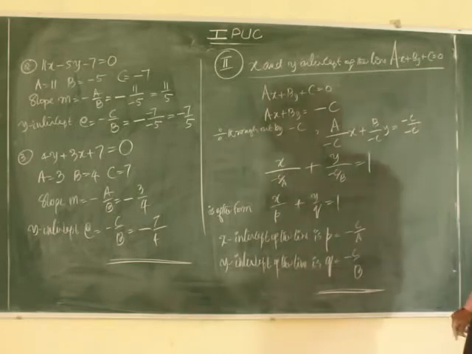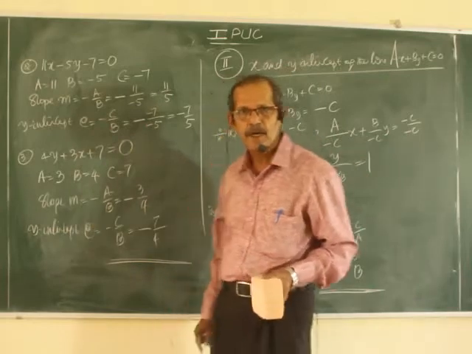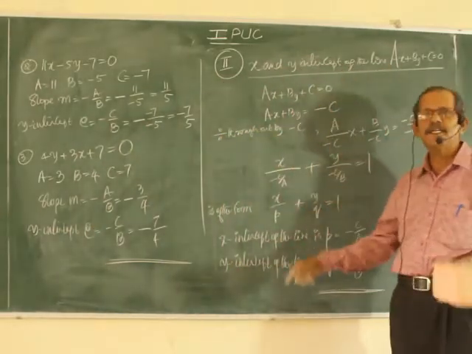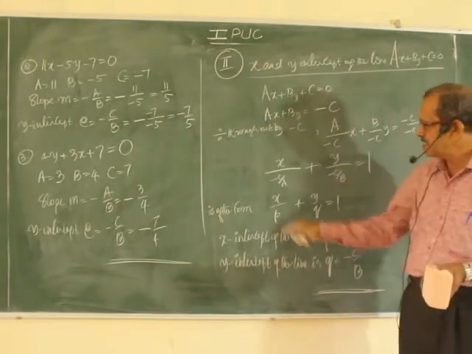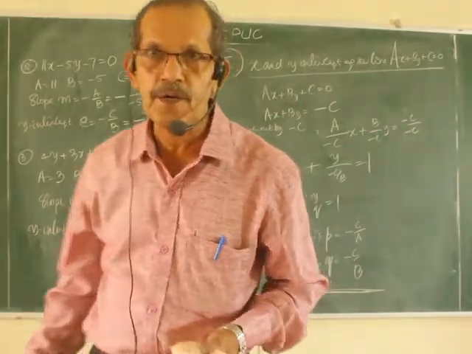Given the equation in the standard form, you can find slope and y-intercept. Given the equation in the standard form, you can find x and y-intercepts, by bringing the equation into the form x by p plus y by q equal to 1.